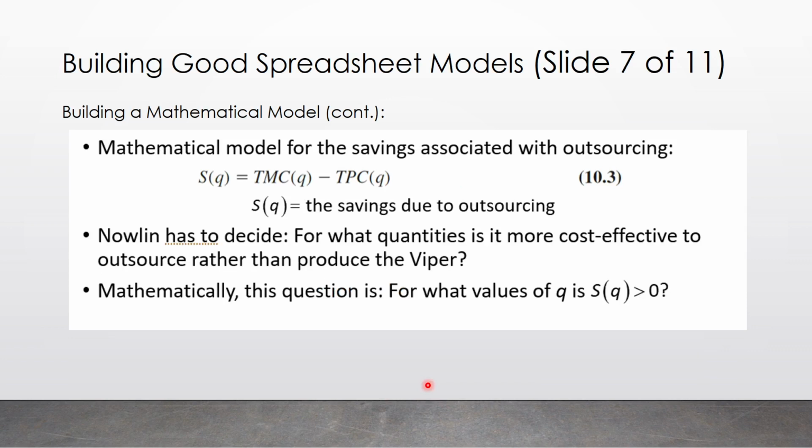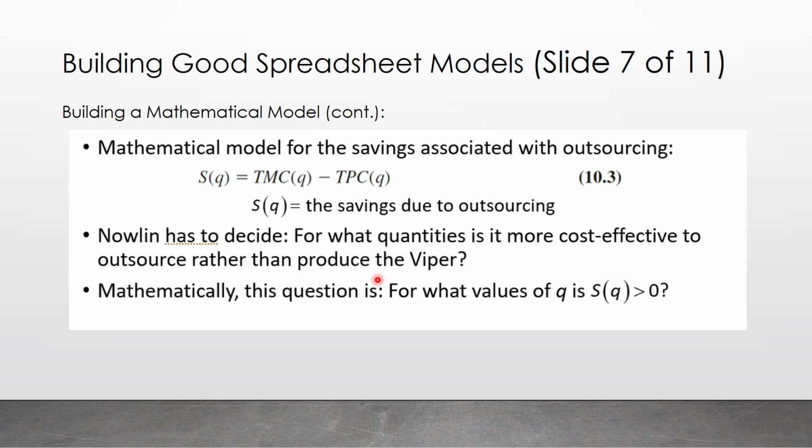We can now state mathematically the savings associated with outsourcing. Let S of Q be the savings due to outsourcing, that is the difference between the total cost of manufacturing Q units and the total cost of buying Q units. So in summary, Nowlin's decision problem is whether to manufacture or outsource the demand of its Viper product next year.